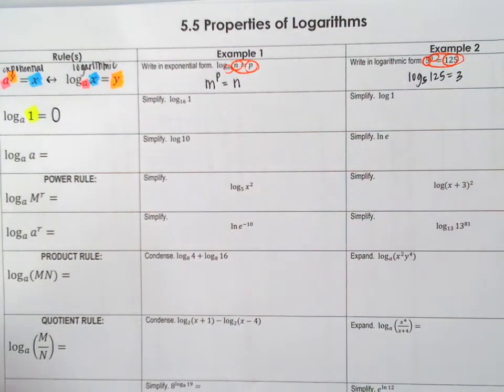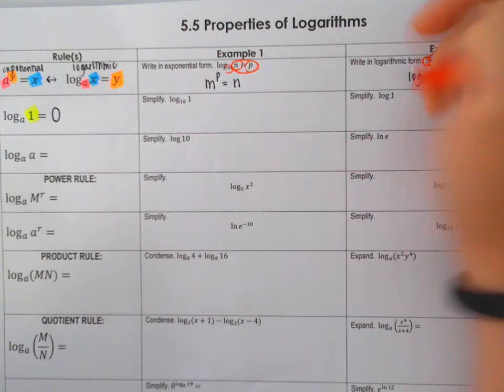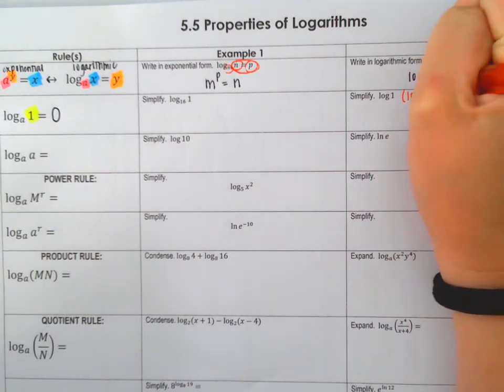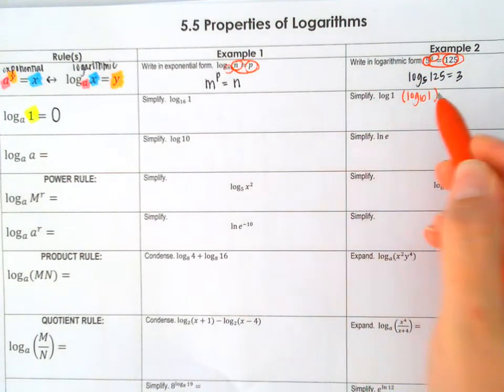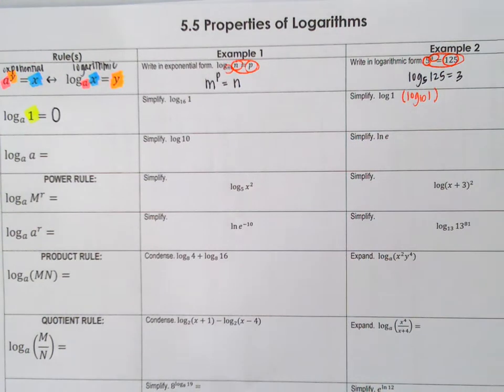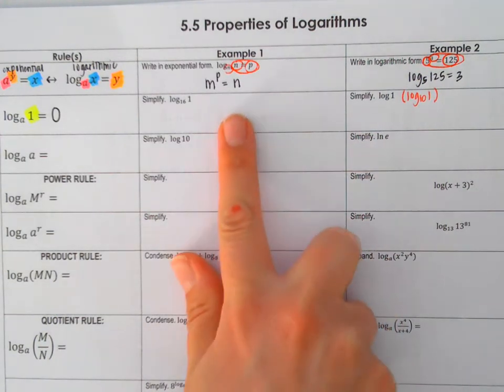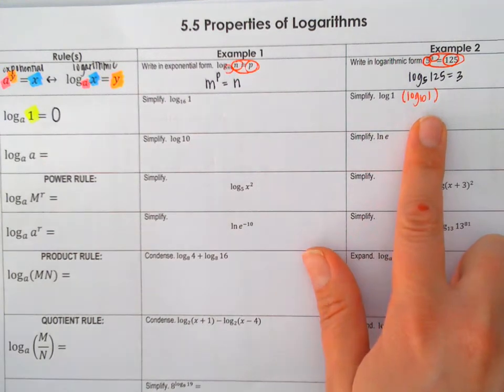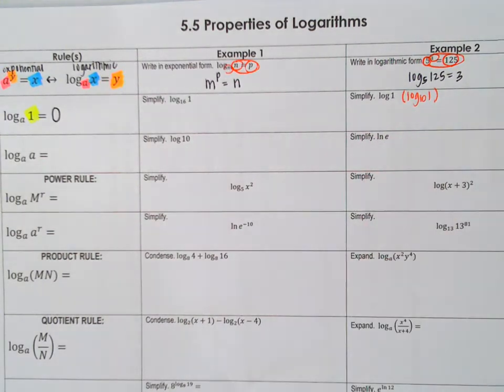If you're thinking 10, you'd be correct. Remember, this is the same as log base 10 of 1. We just don't ever write the base of 10. We can assume it. It's just like we never write the index number 2 when we have a square root. So what's the answer to example 1? What's the answer to example 2? Come back, check your work.